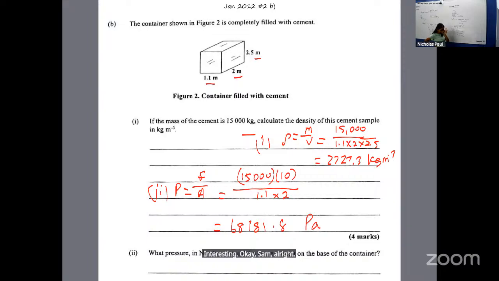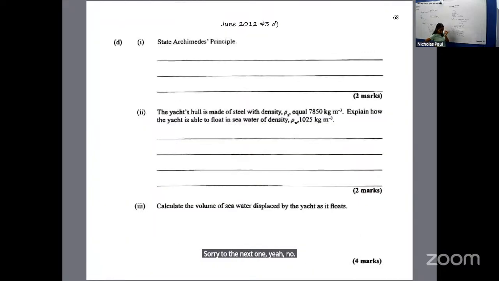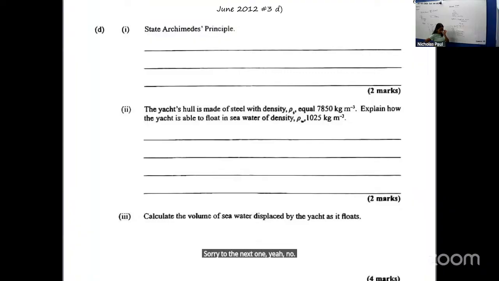Try the next one here now. A little tricky. I'll give you eight minutes on this one. It's a little bit trickier. Yes. Right.